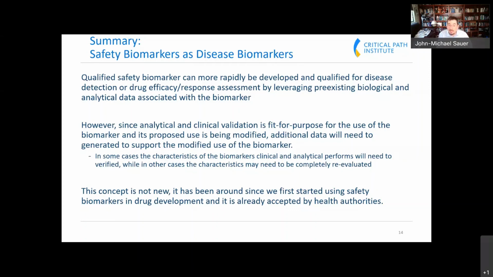Likewise, we see that health authorities allow us to use clinical samples from disease populations to demonstrate how our safety biomarkers are working. And so I think we're, for the most part, there in this conversation. But I think during our panel session, we should reinforce that and get some additional feedback from some of our regulatory participants.